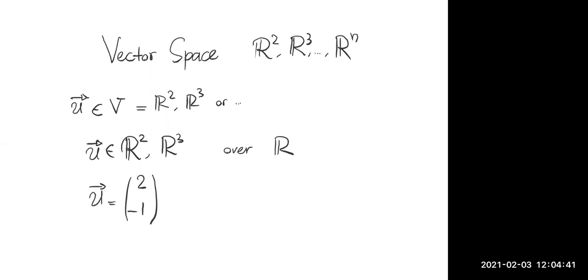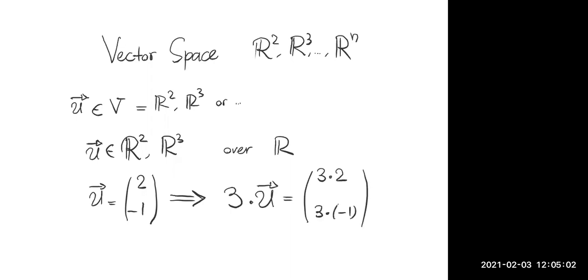I would say this vector space is a vector space over the set of real numbers if I can multiply u by a real number. So if I take a real number, say 3, I can multiply this vector by 3. And that simply is 3 times 2 and 3 times -1, which is 6 and -3.